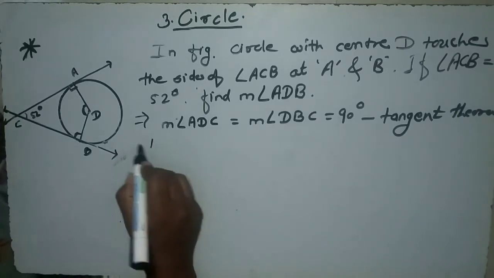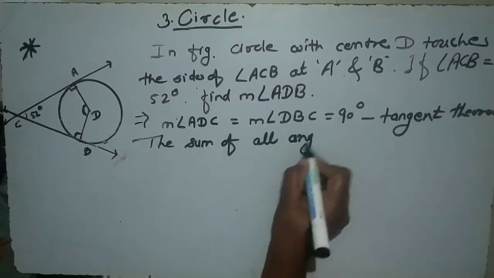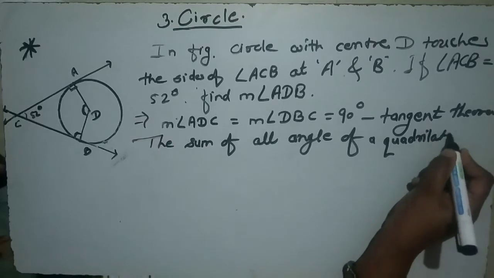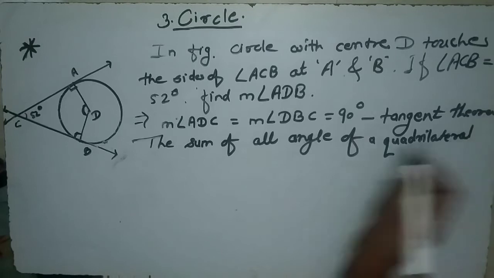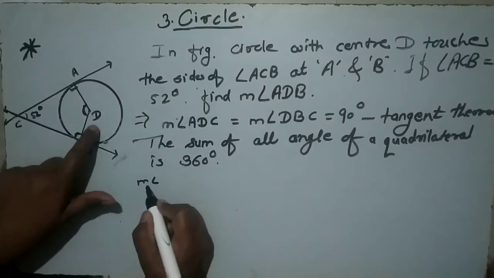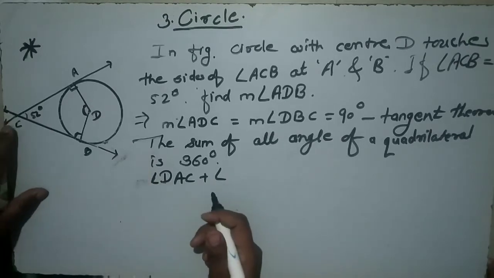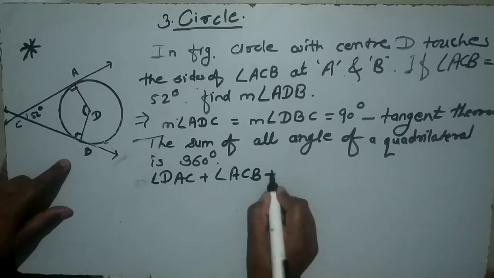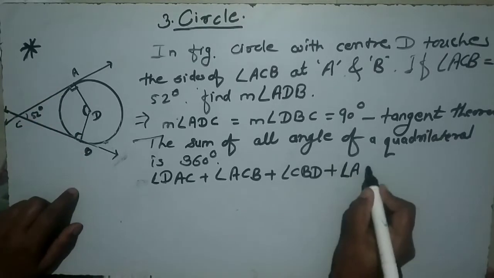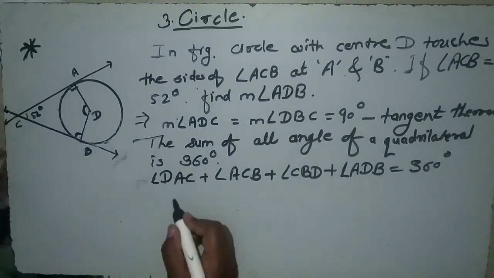Therefore, use the sum of all angles of a quadrilateral is 360 degrees, and afterwards you just add these angles: measure of angle DAC plus angle ACB plus angle CBD plus angle ADB equals 360.